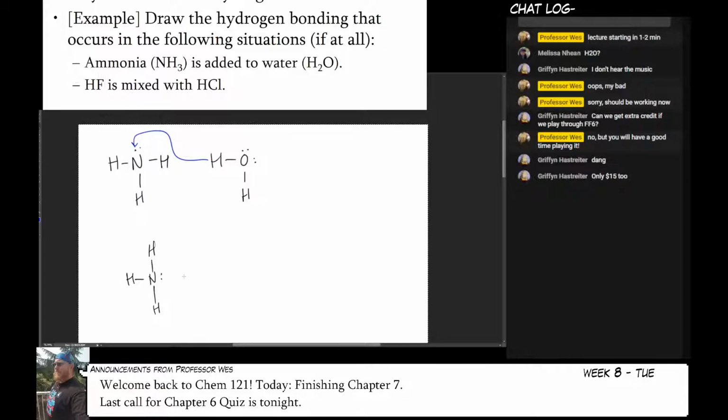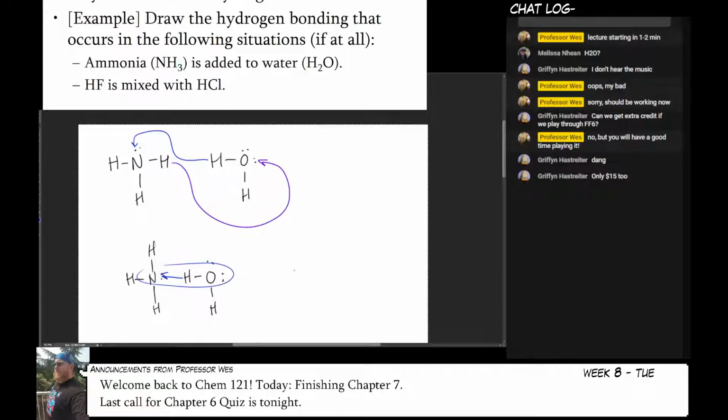Hit the wrong button, or drew the wrong thing there. So this would be my hydrogen bond. However, I could also instead do something like, say, this.